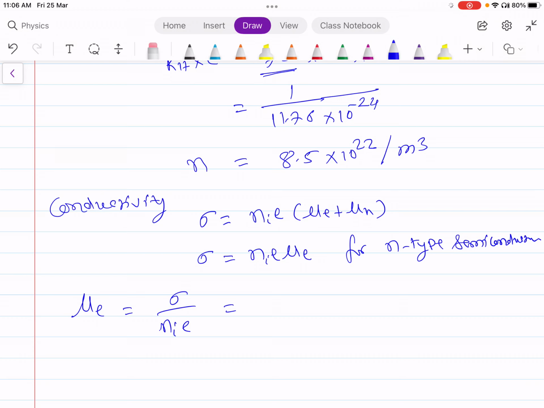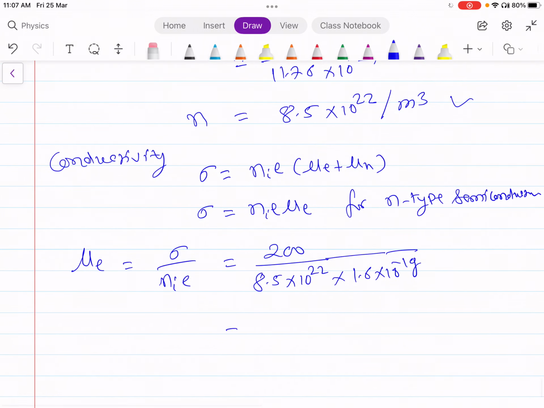So sigma is given, which is 200 per ohm meter, divided by n, which we have calculated, the number of electrons, 8.5 into 10 to power 22, into the charge of the electron 1.6 into 10 raised to minus 19.